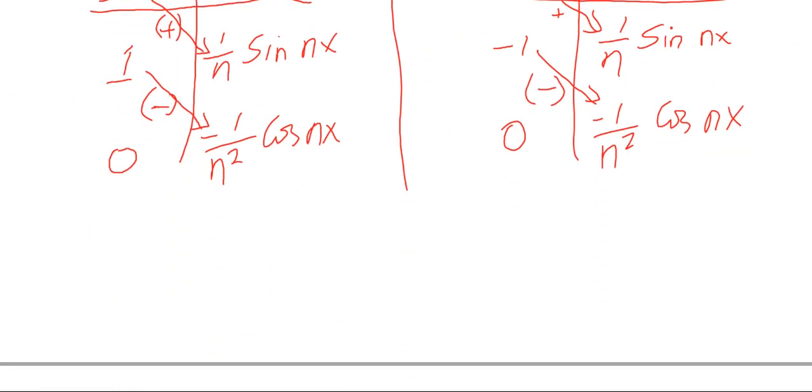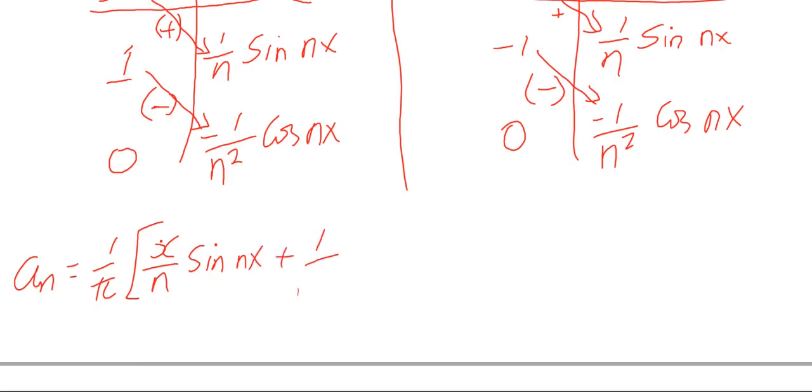So we shall write therefore a_n is equal to 1 over pi, then we have the terms x over n sine of nx plus 1 over n squared cosine of nx from minus pi to 0.